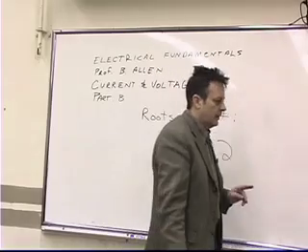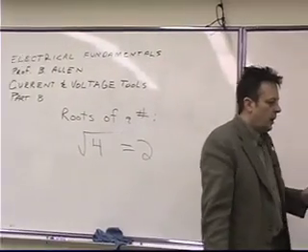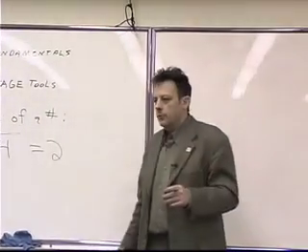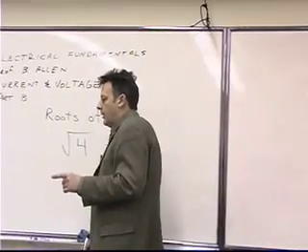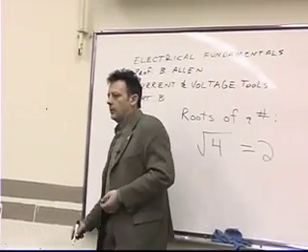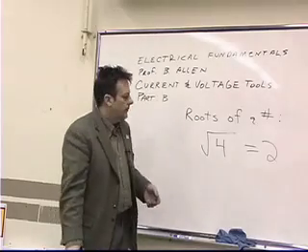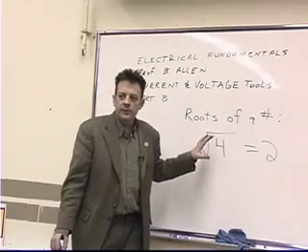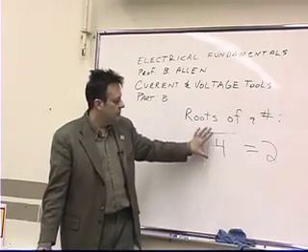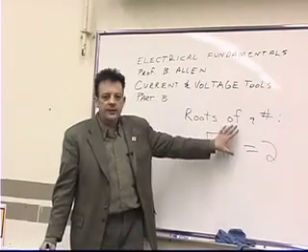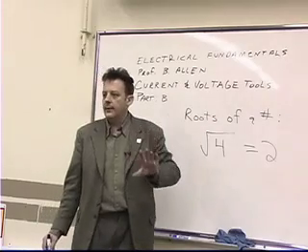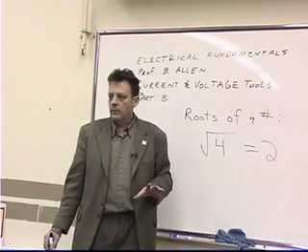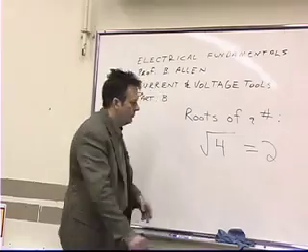Now, there are other roots of numbers that are a little bit more complicated. With a square root, what is it that is assumed on the left-hand side of the radical that I didn't write down? 2.